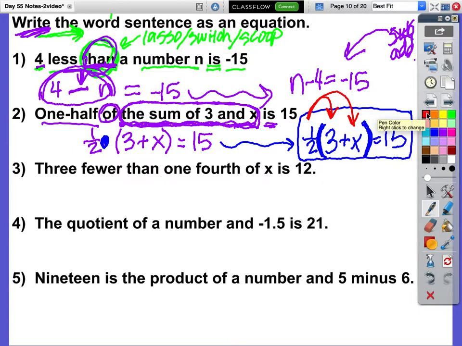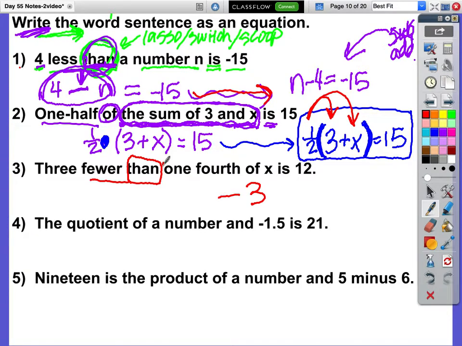All right, 3 fewer than 1/4 of x is 12. I'm going to work this. Instead of working it left to right like I did for number 1 and then going back and lassoing it, I'm going to lasso it from the beginning. The reason I'm lassoing is that word right there. So we're going to have 3 fewer than something. What is 3 fewer than?